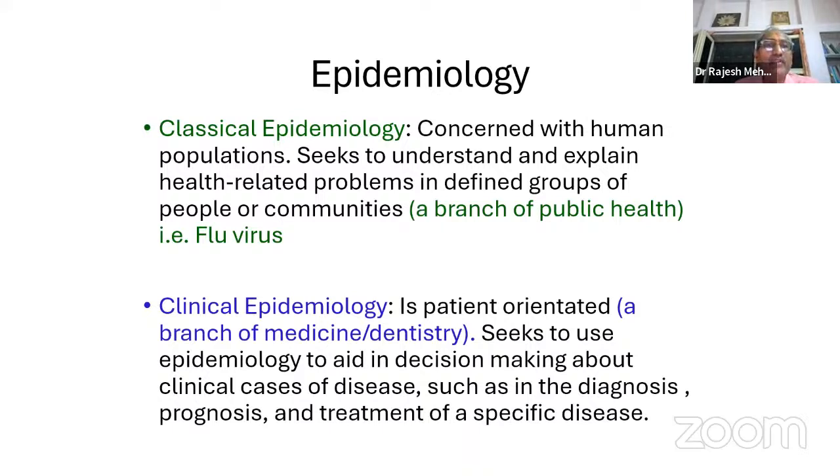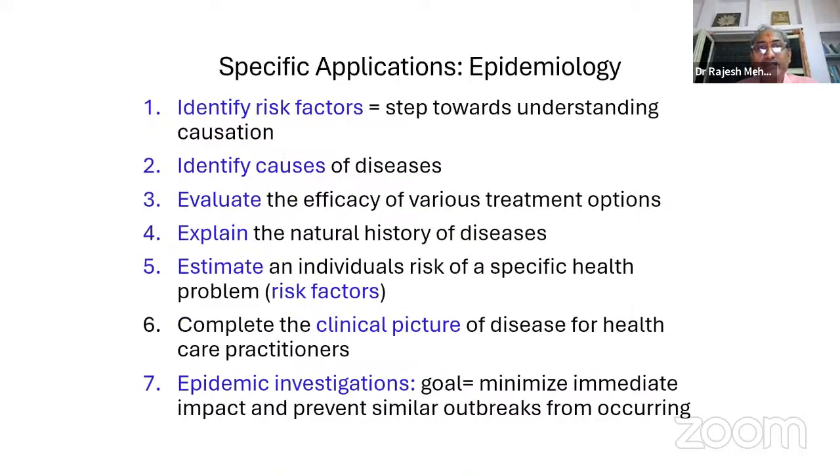Classically, when we were talking about epidemiology, we were talking about the human population, communities, etc. We were using it more in public health, but nowadays we are using it in clinical epidemiology also, including dentistry, orthopedics, ophthalmology, etc. The ideal would be if we combine hospital clinical epidemiology as well as community-based epidemiology.